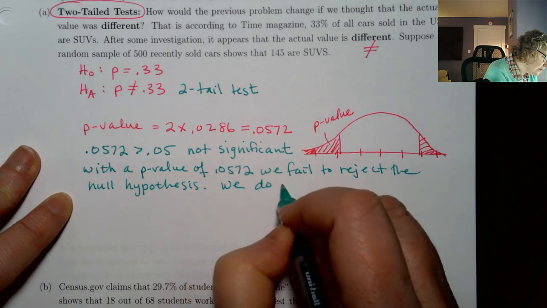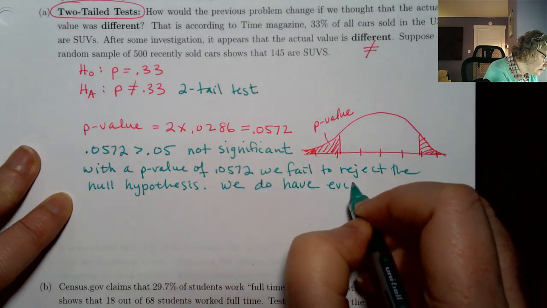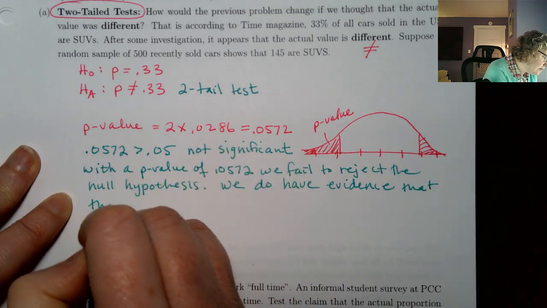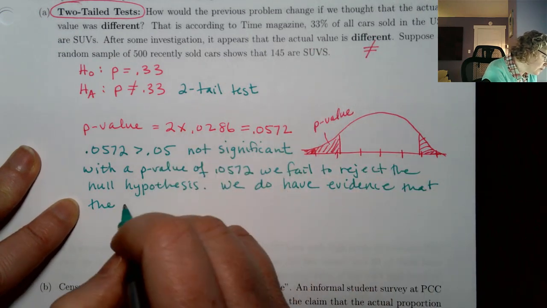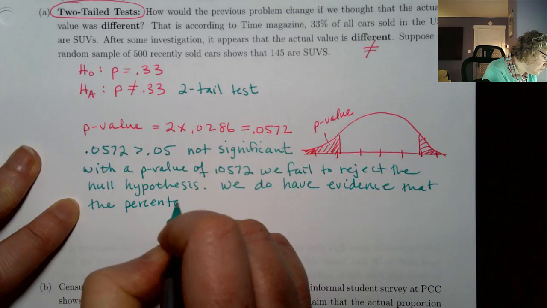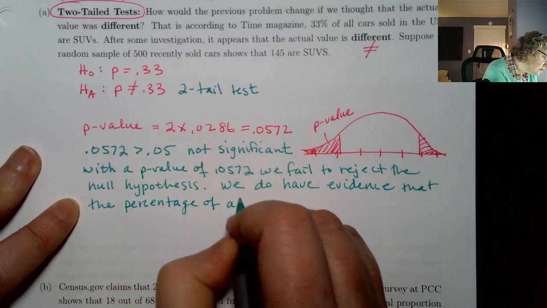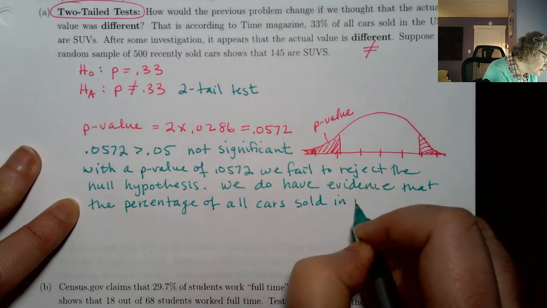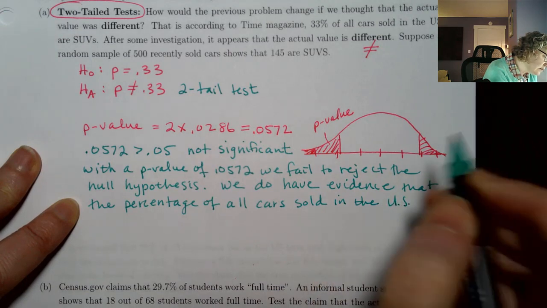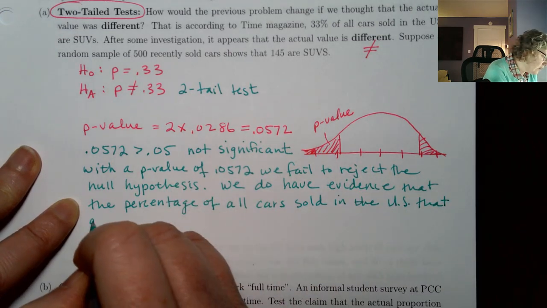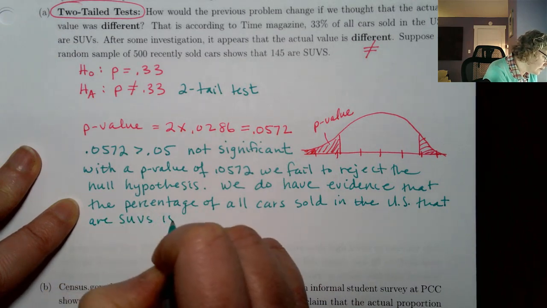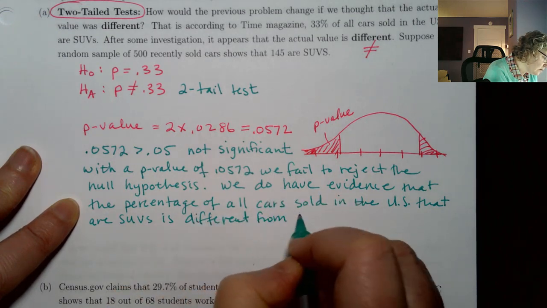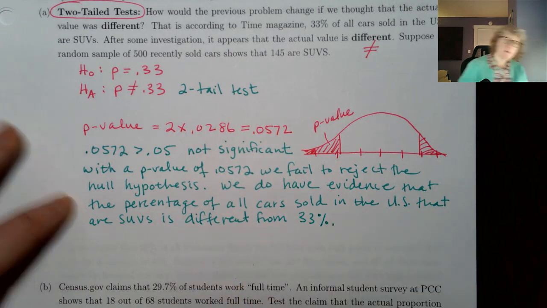We do not have evidence, or enough evidence, that the percentage of all cars sold in the U.S. that are SUVs is different from 33%.